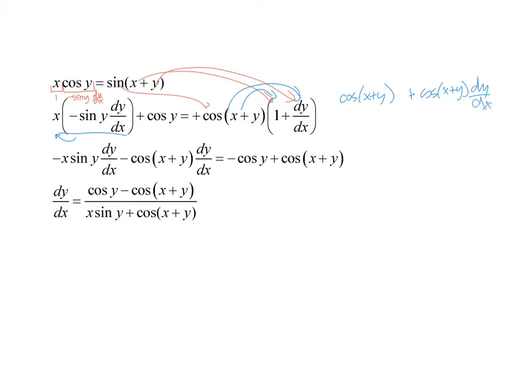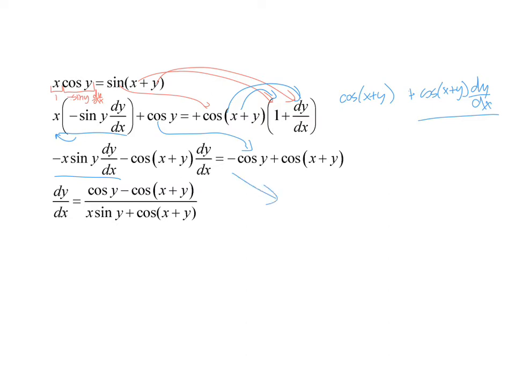Okay, so that's what that one would be when you FOIL it out. So you can see the first term, the dy dx, is the same. They brought this cos x plus y dy dx to the other side. That's why it's negative. The plus cos y became negative on the other side, and the regular cos xy stayed the same. Then they factored out a dy dx, so they didn't write that step either.